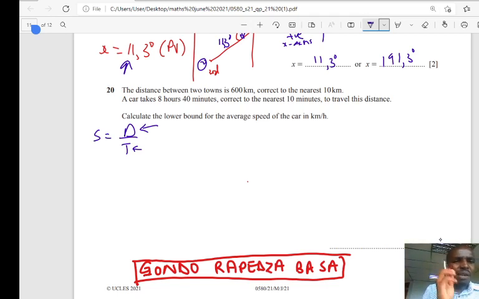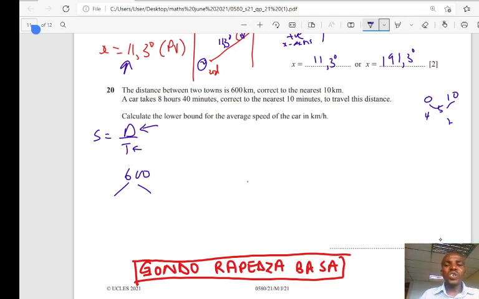Now let's find the limits under which distance lies, under which time lies. So this one 600, that's for distance, was rounded off to the nearest 10 kilometer. 10 kilometer is 0, 10. So it means in between there is 5 here, right? So 7 to the nearest 10 is 10. 4 to the nearest 10 is 0. These are the tens.